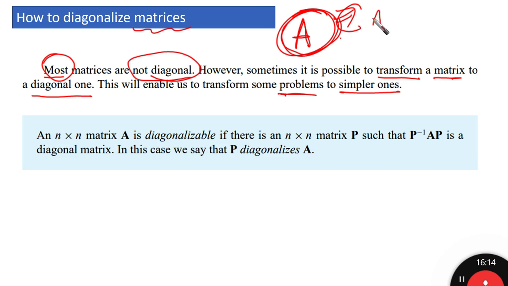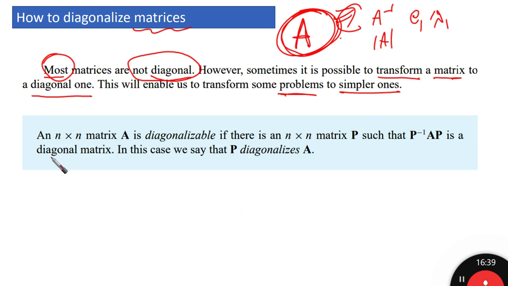We can obtain its inverse easily, we can obtain the determinant, we can judge whether it's singular or not, we can know its eigenvectors, we can know its eigenvalues. Everything is going to be easy for us, right?